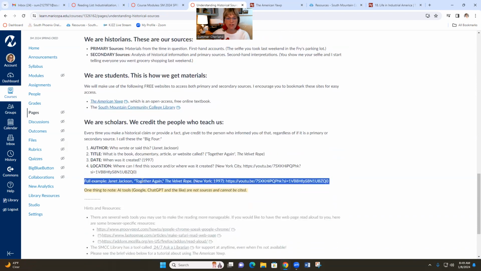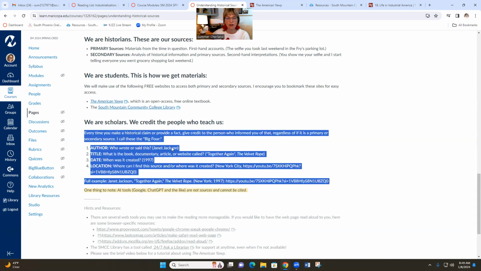Janet Jackson, author, Together Again, The Velvet Rope, title, New York, 1997, location and date, URL, location, okay? All 4 of those elements are required. Every time you cite anything, and every time you say anything, you should be citing. It feels very tedious, but once you get the hang of it, it's like, oh, I get it, okay?